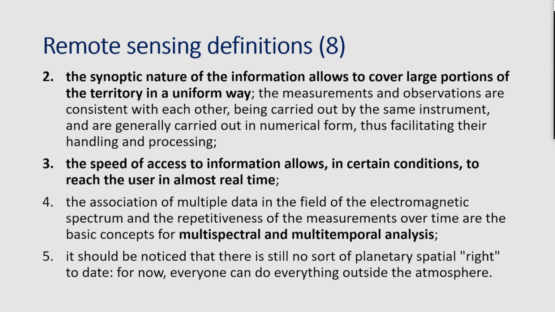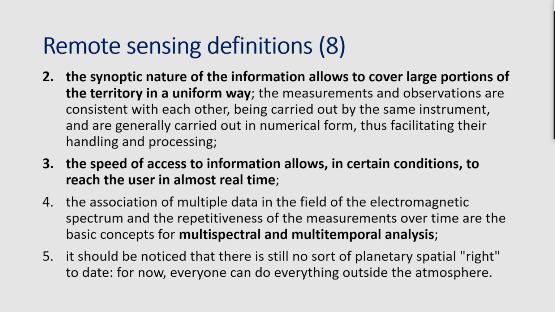Remote sensing definitions, 8. 2. The synoptic nature of the information allows to cover large portions of the territory in a uniform way. The measurements and observations are consistent with each other, being carried out by the same instrument, and are generally carried out in numerical form, thus facilitating their handling and processing. 3.